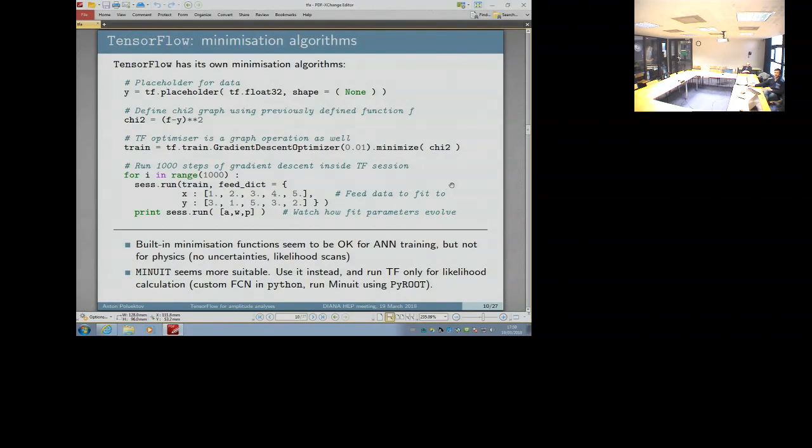And this is why in our package we're actually using Minuit, in just the PyROOT interface for Minuit, while the function that has to be minimized is actually calculated inside TensorFlow. Right.